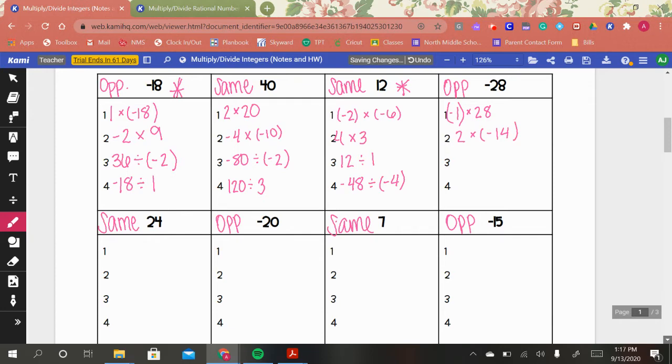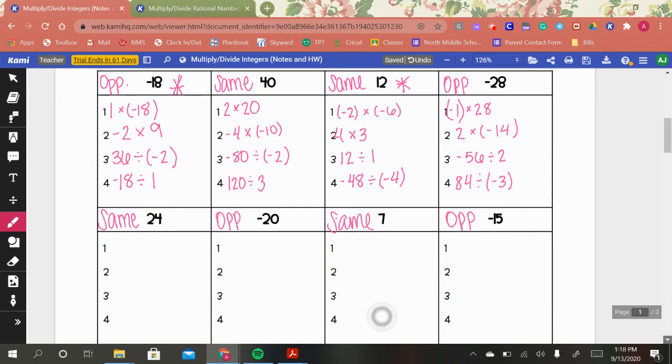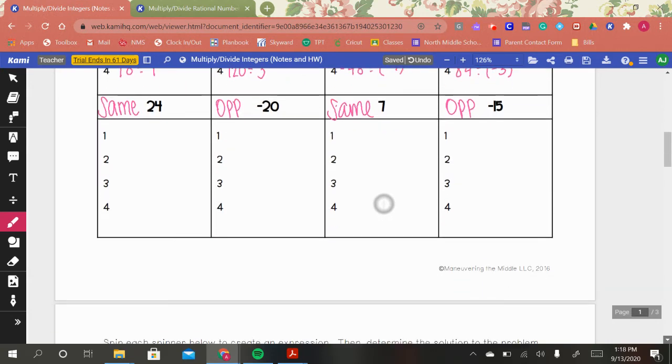And for division, -56 divided by 2 will give me an answer of -28. And then I can do 84 divided by -3, which will give me an answer of -28. Again, opposite signs, one positive, one negative.